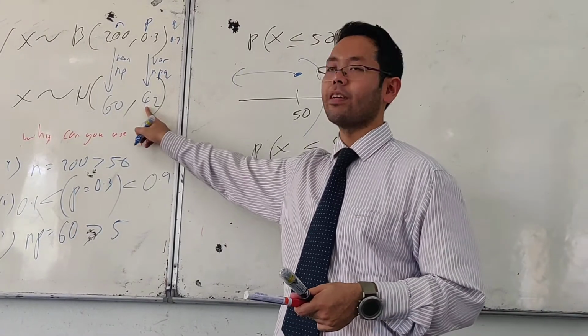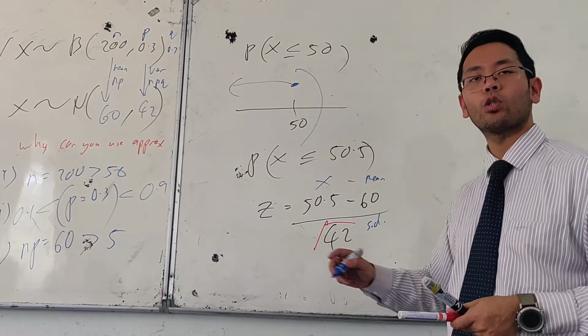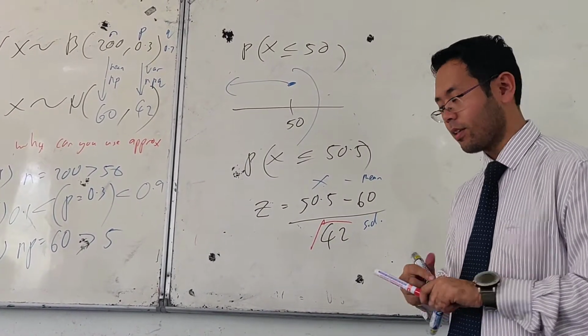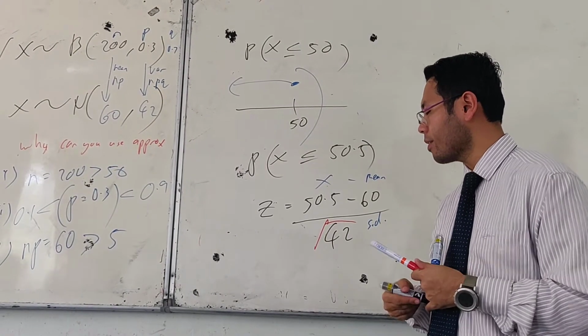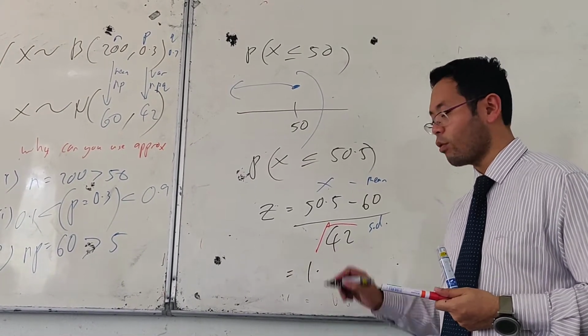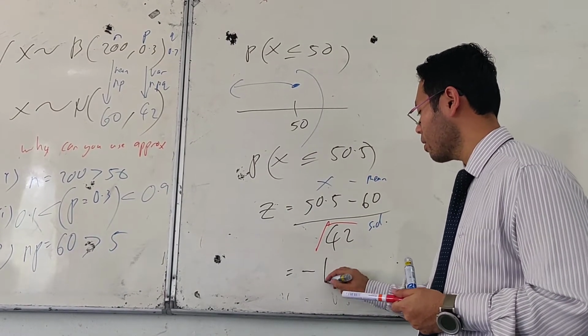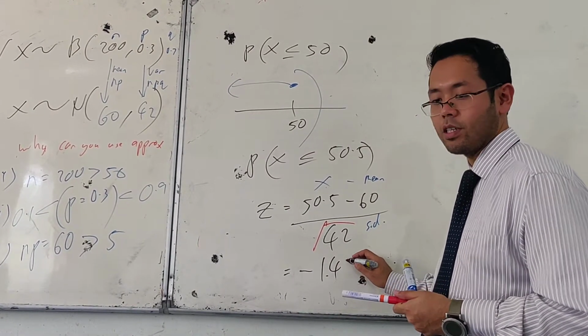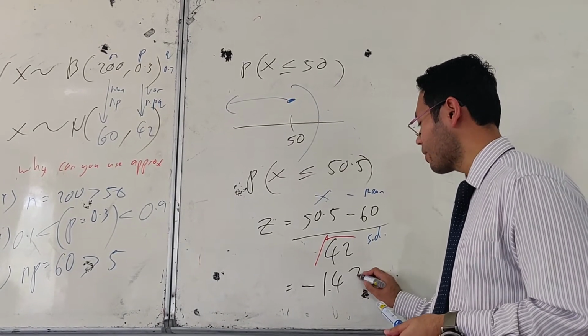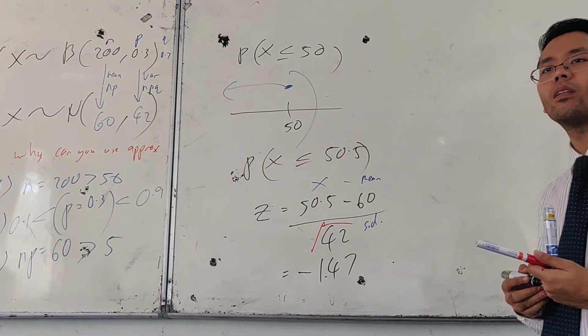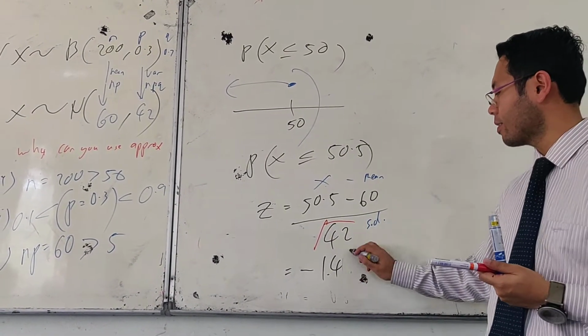This one here is variance, and the one here is standard deviation, which is your square root. You press that into your calculator, what will you get? Negative 1.466, or 1.467, you can go 1.466.